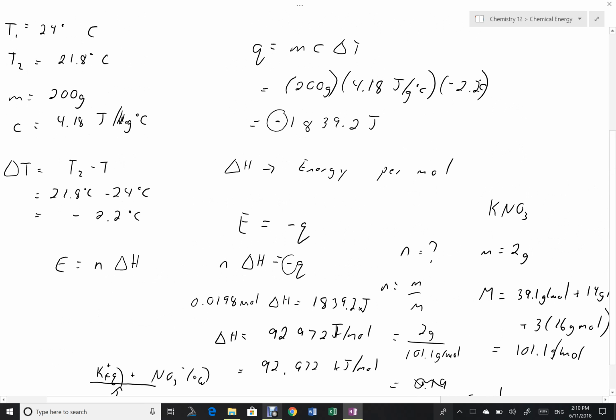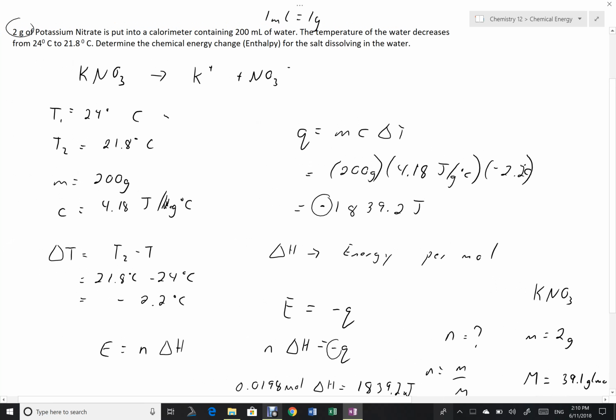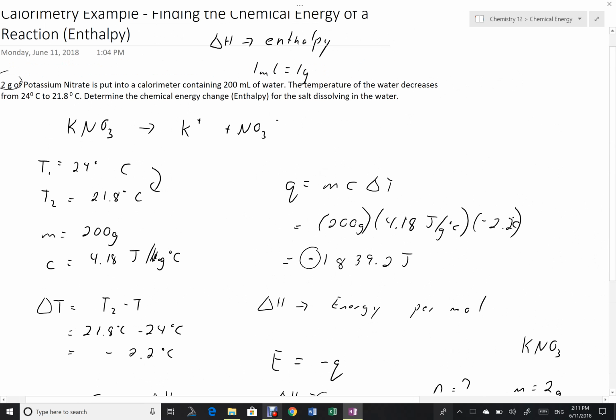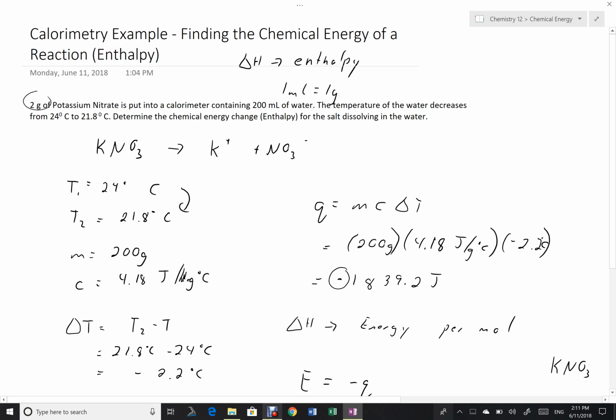That energy has to come from somewhere. That's why the temperature of the surroundings went down, because that's what paid for the energy to dissolve this salt. So that is how you can find delta H using a change in temperature from a calorimeter with a known mass and a known substance.